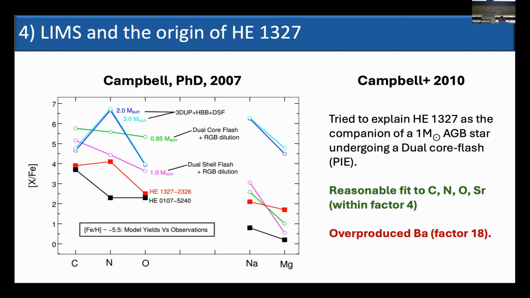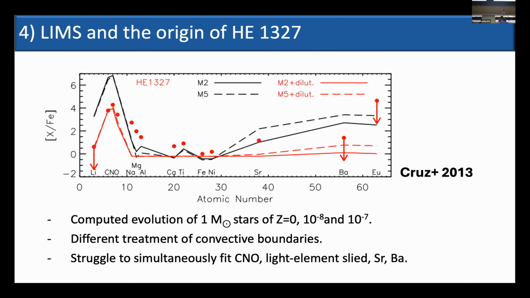Simon, with Amanda Karakas and Maria Lugaro, worked out the detailed nucleosynthesis of a one solar mass star, which went through a proton ingestion episode, so actually a dual core flash, and with their yields they could reasonably fit carbon, nitrogen, and oxygen, and strontium, well, within a factor of 4, but they overproduced barium.